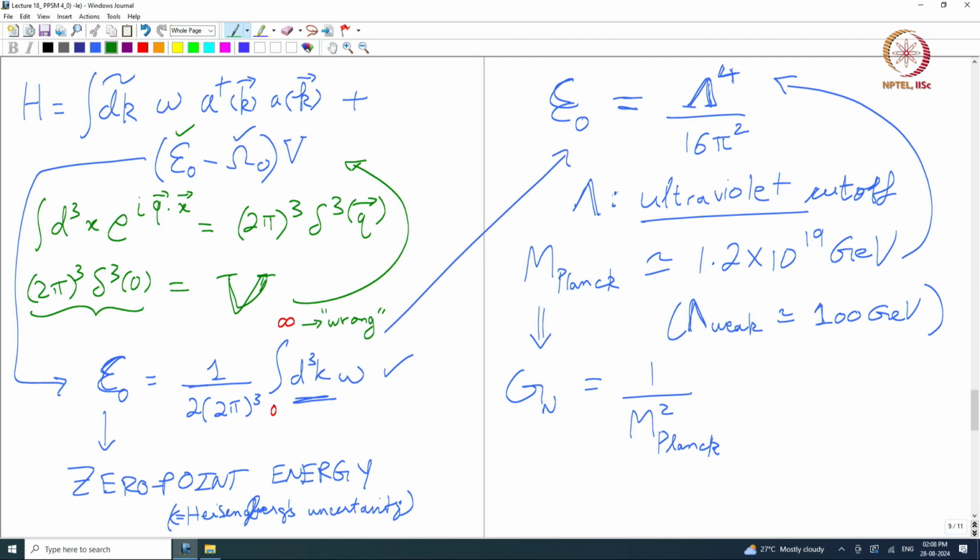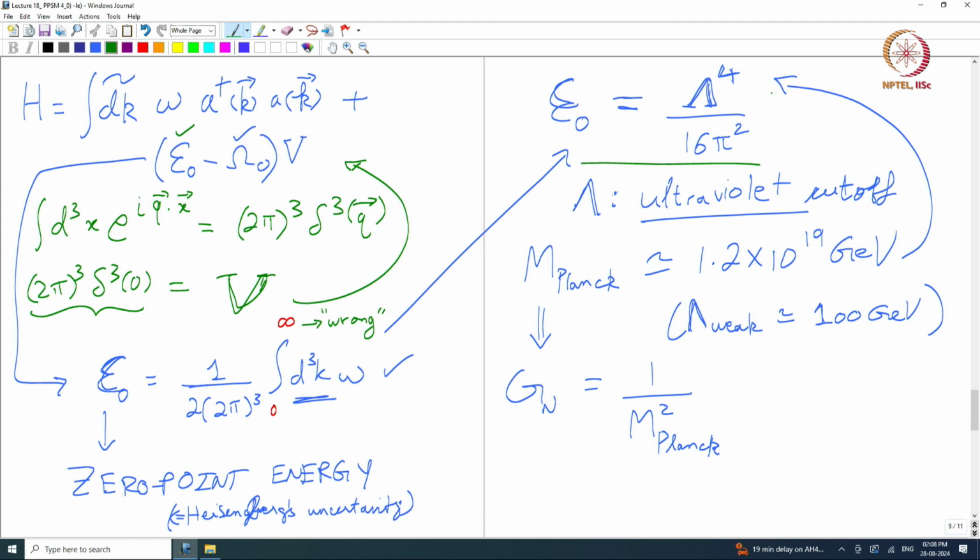And we said that for the 0 point energy, you cannot do a mode expansion all the way to infinity; you cannot put infinite momentum into a single point in space. So you have to put in a cutoff at some high energy which we called an ultraviolet cutoff, and we ended up with the energy density from the 0 point energy being this expression, right. It has the correct dimensions because it has 4 powers of the energy cutoff, correct.